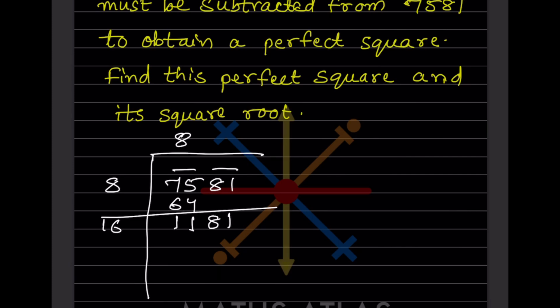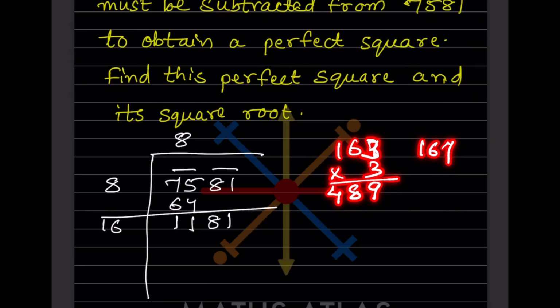So here, this is 1. So it should be 167 or it should be 163 or 167. So if you multiply by 3, this is going to be 489. Sorry, it should be 9 because this is the unit place.